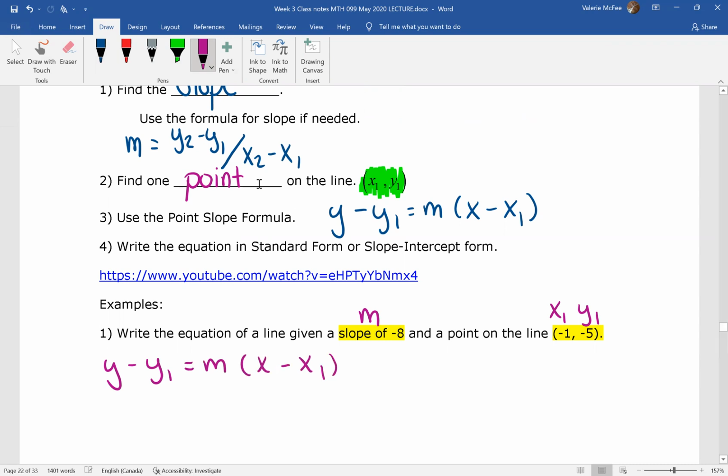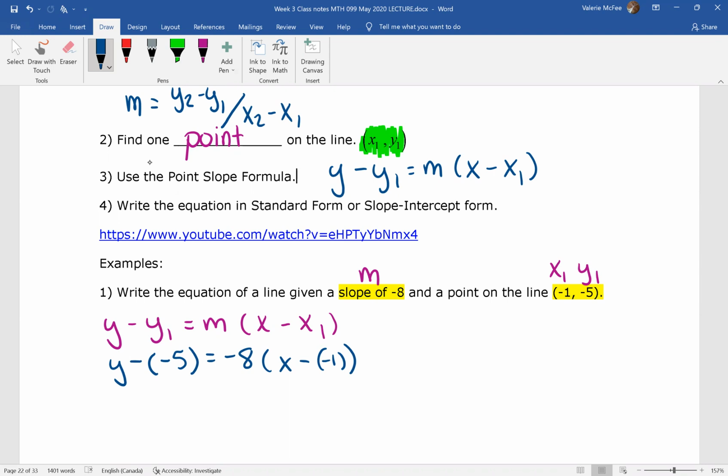Now we just need to use substitution and fill everything in. Y minus y1 equals the slope times x minus x1. Okay, let's simplify that a little bit. Y plus 5 equals, this is going to be -8 times x plus 1.